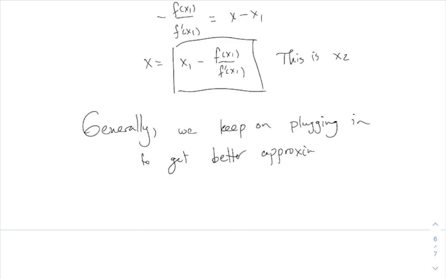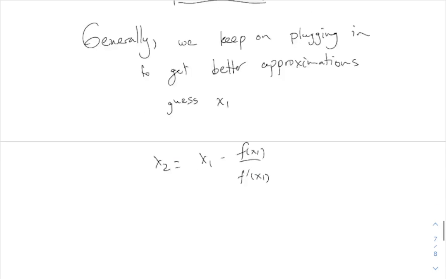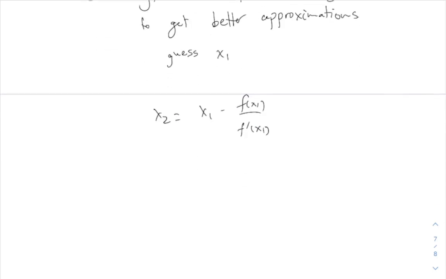What I mean by that is, you guess x1, but then you calculate x2 is x1 minus f of x1 over f prime x1. That will be more accurate than your initial guess.